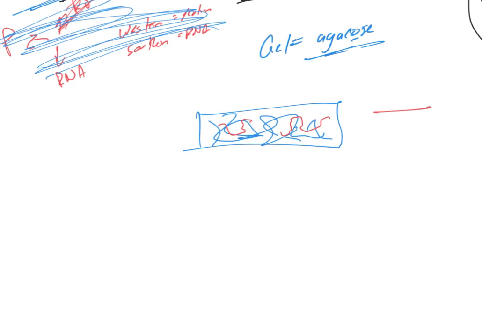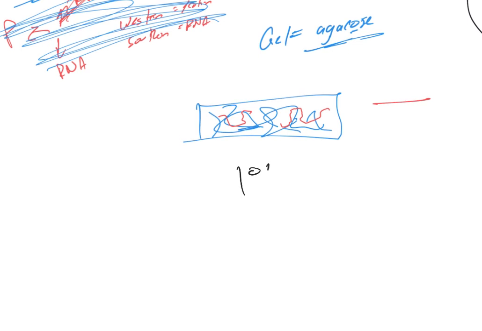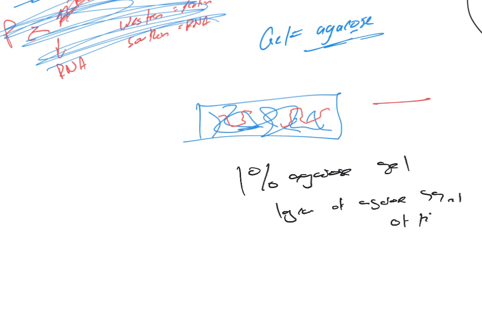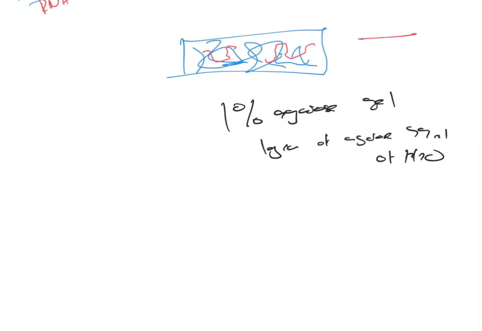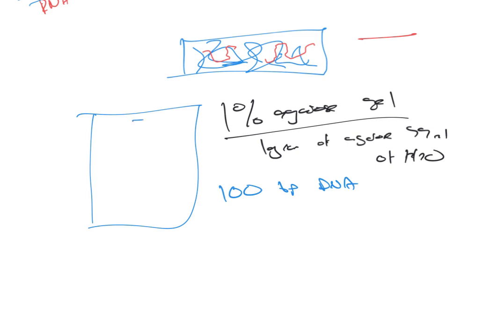So let's say you had a 1% agarose gel. That means 1 gram of agarose and 99 milliliters of water, right? So if I had a 1% agarose gel and I had a 100 base pair piece of DNA, and here's my gel, here's my starting point.